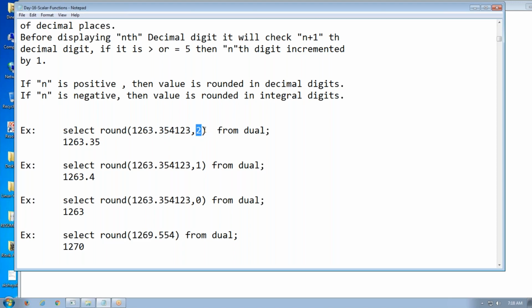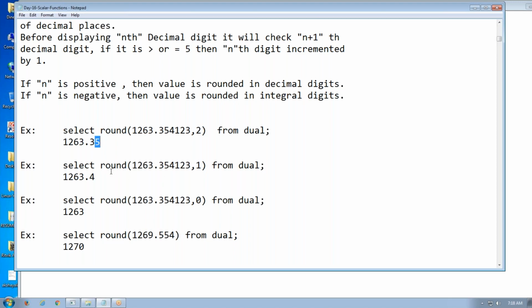The last digit you need, the second digit. So before printing the second digit, it will verify the third digit. If the third digit is greater than or equal to 5, it will increase the second digit by 1. Here, the third digit is not greater than or equal to 5, so it is not making any increment to the second digit, and the second digit is printed as it is.